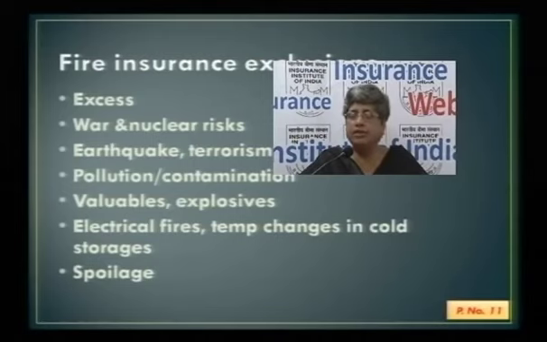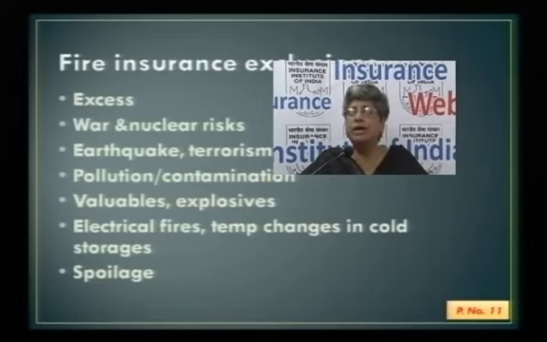Pollution and contamination. So pollution losses are not covered. Contamination because of something getting destroyed or damaged and causing contamination in the area is not covered, because these will fall under liability. But if the property is damaged as a result of that, it would be covered. Valuables and explosives.